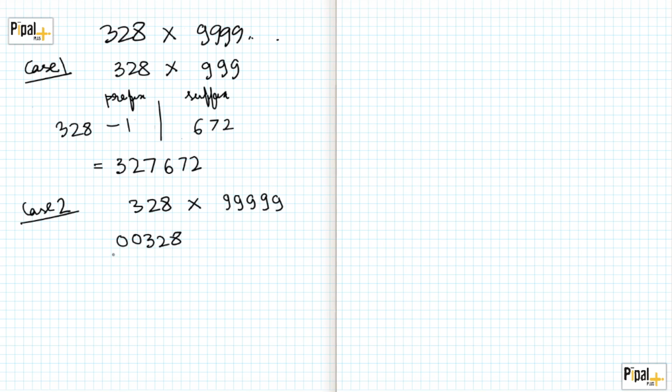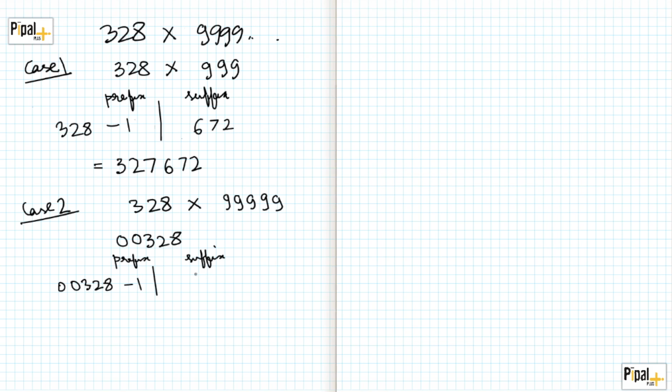So my prefix, like last time, is 00328 minus 1, followed by my suffix, which is the complement of 00328.